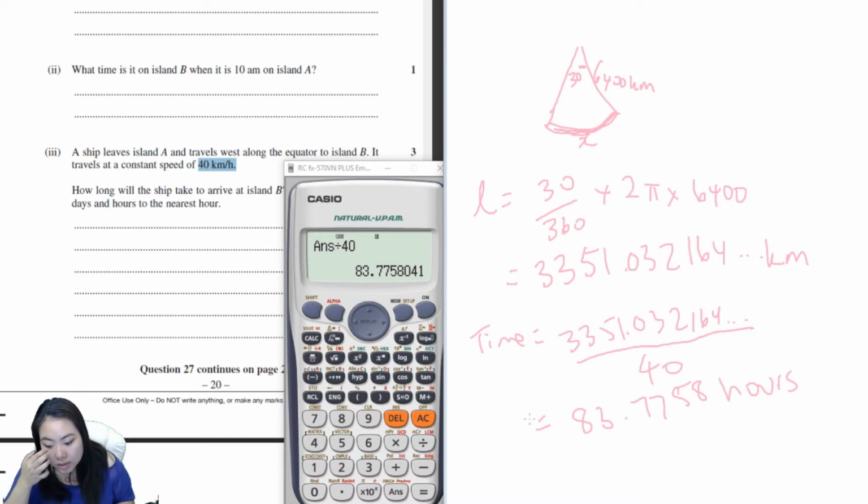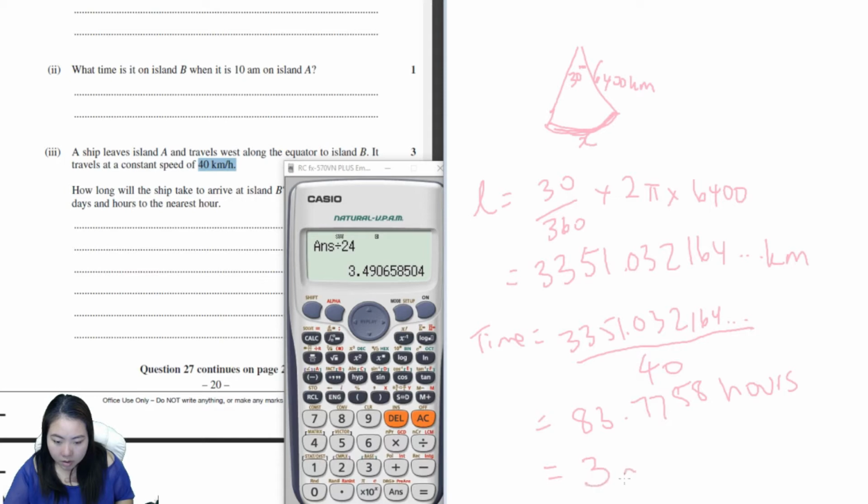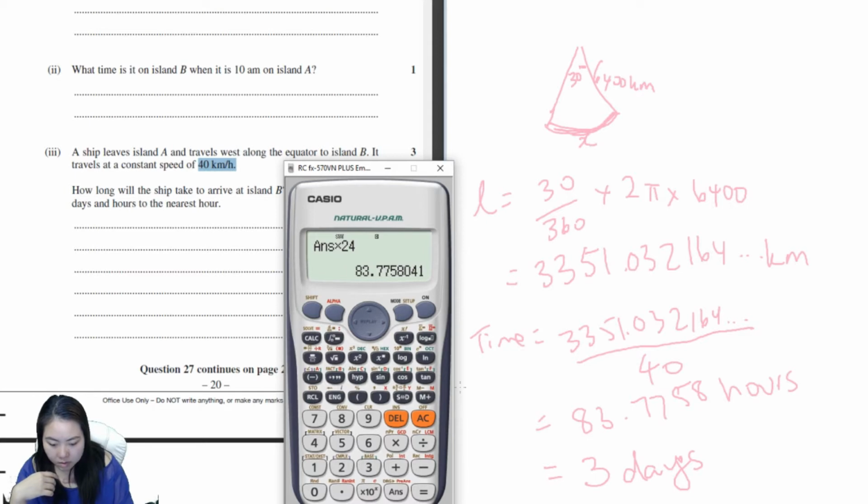However, it wants it in the nearest hour in days and hours. How many days is that? It would be, so that would be 3 days. And if I minus the amount of days, 12 hours we'll say, to the nearest hour, right?